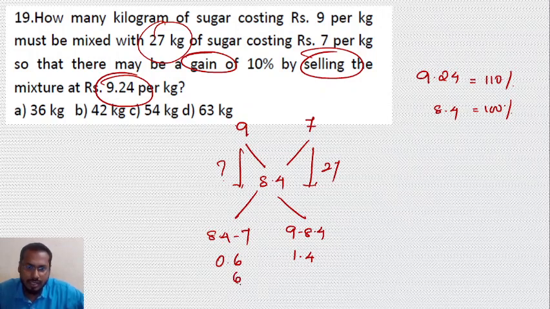So remove this. So we'll get 4, 8, and 16. So 3:7. So 7 part is equal to 27. 3 part is equal to what?